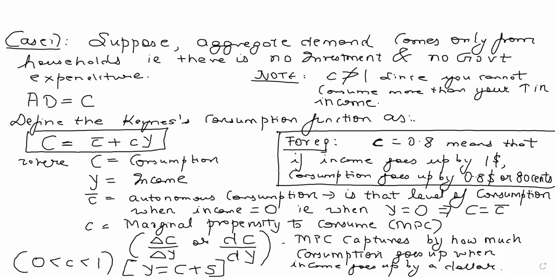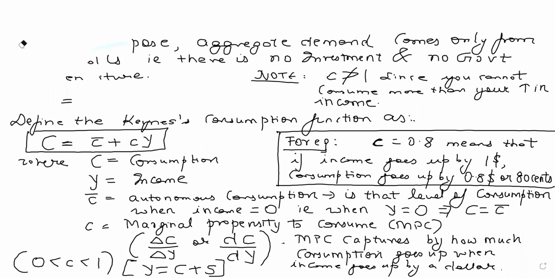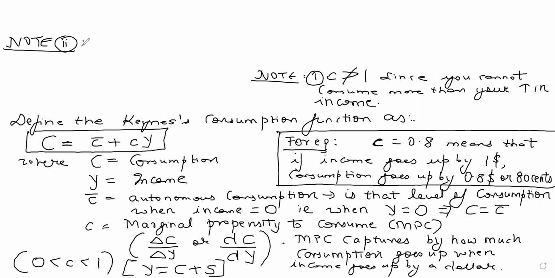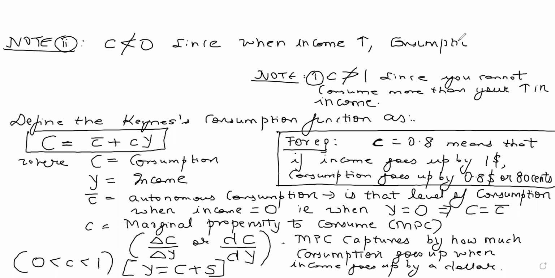I can write this also, if I erase the initial part, since we are all familiar with the case we are doing. So this was point 1, and this is point 2. Consumption cannot be less than 0, since when income goes up, consumption must also go up.